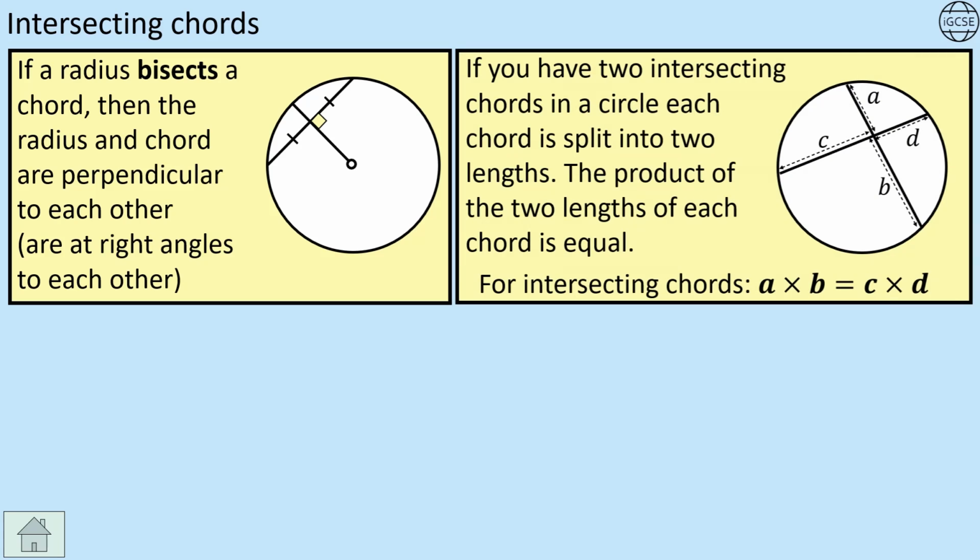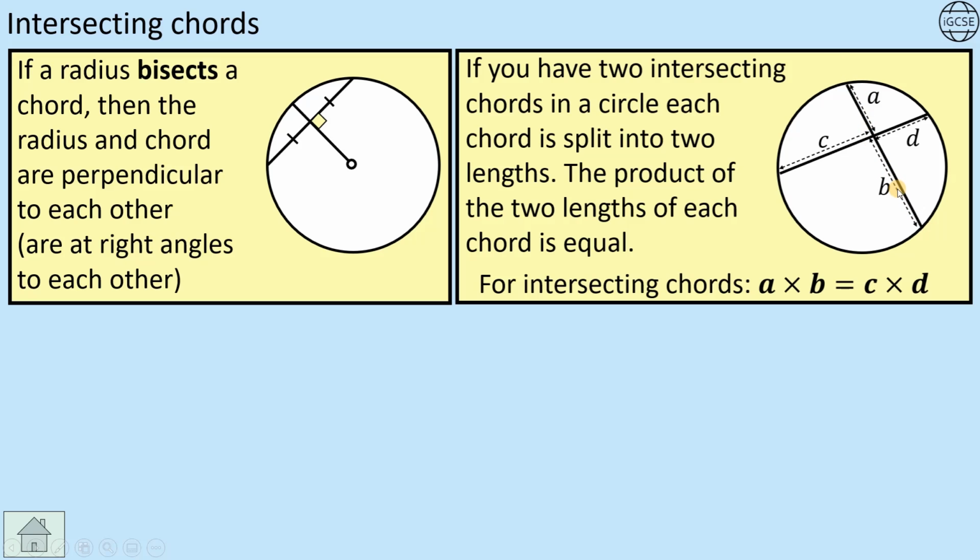Really, the main focus of this particular part is this rule over here. So if you've got two intersecting chords split into two lengths, then the product of the two lengths of each chord is equal. All right, so you can see from the diagram, you've got a chord here going straight along there, and then you've got a chord which cuts through there.